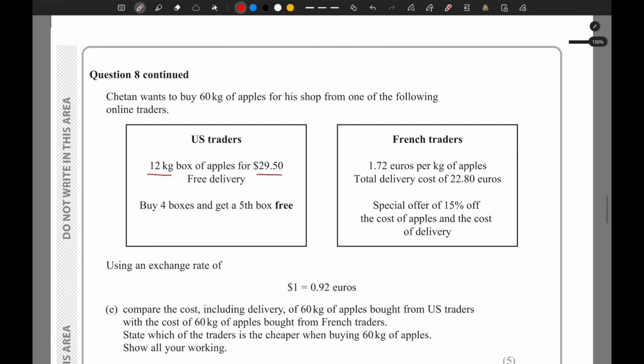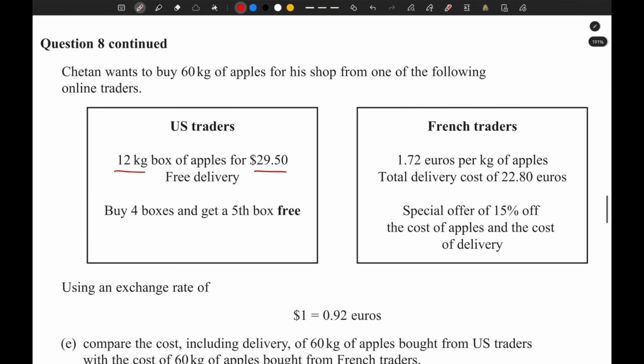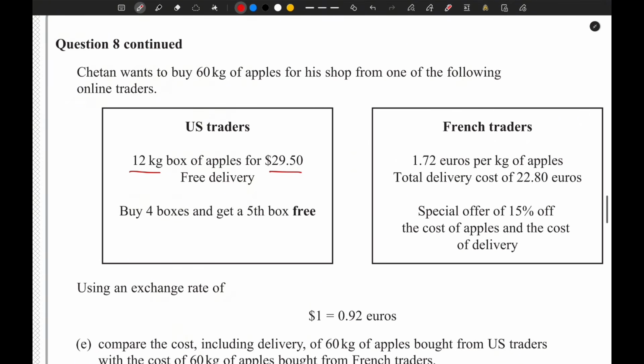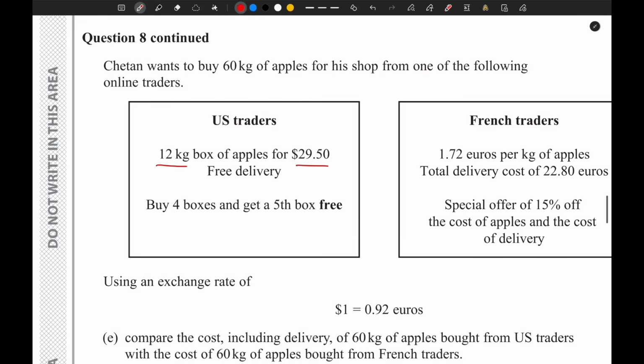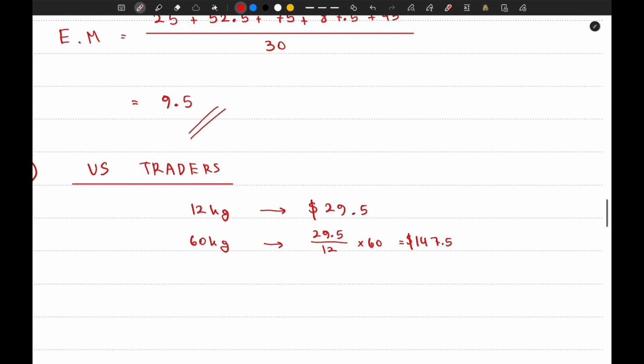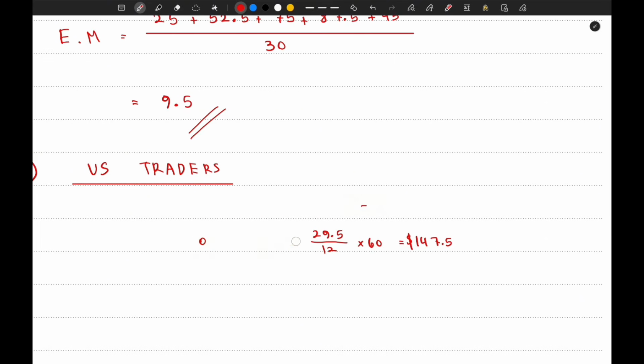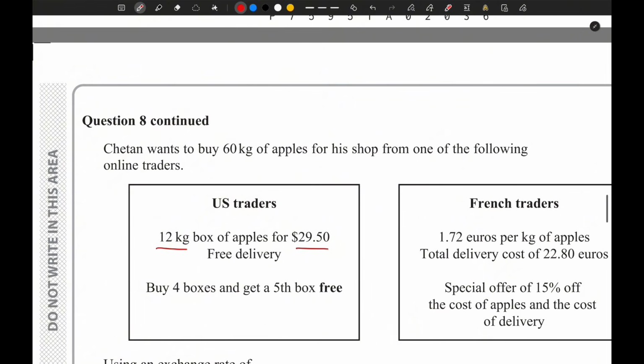Now there's another thing: we require 5 boxes, right? If we buy 4 boxes, we get the fifth box for free. So let me just do this all over again. We need 60 kilograms and each box can hold 12 kilograms. So there must be 5 boxes in total.